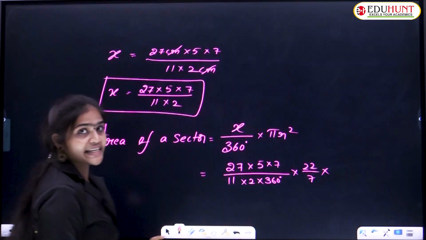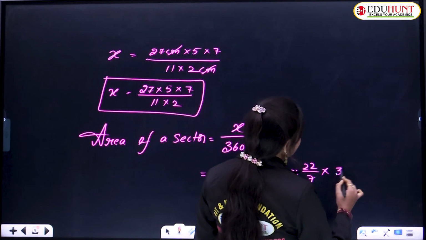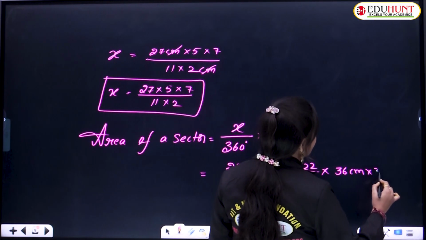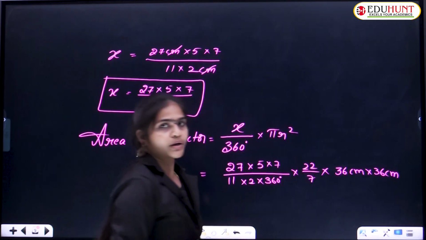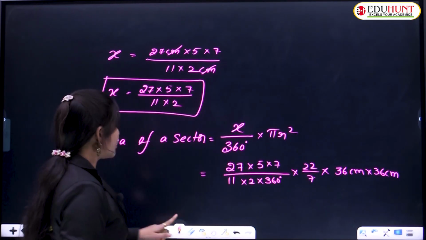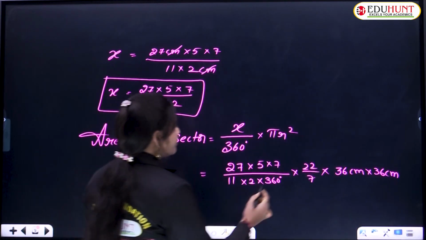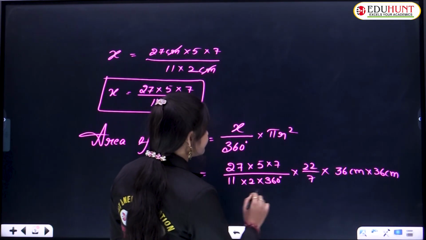R is equal to 36 centimeters. That's why 36 centimeters into 36 centimeters. Now again see the cancellations properly here.